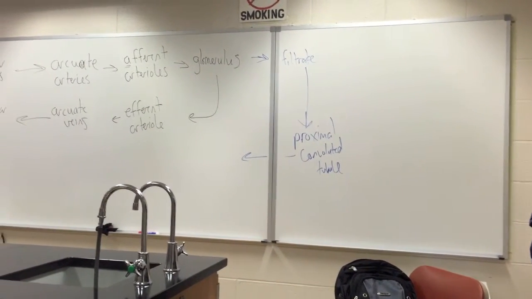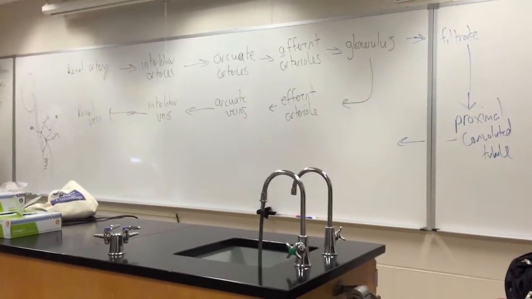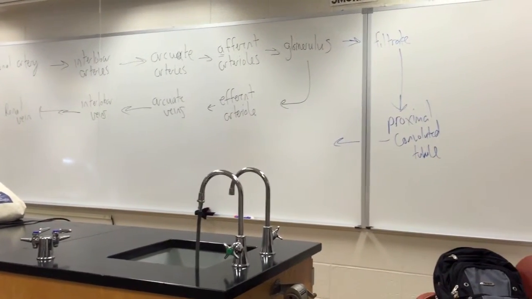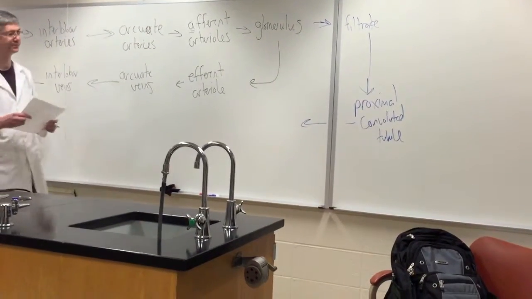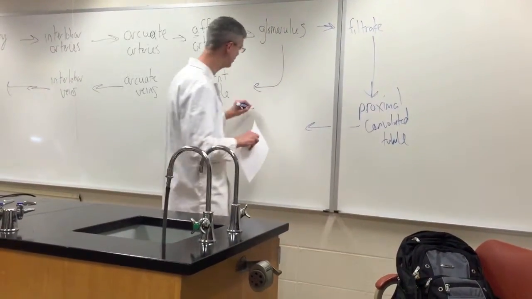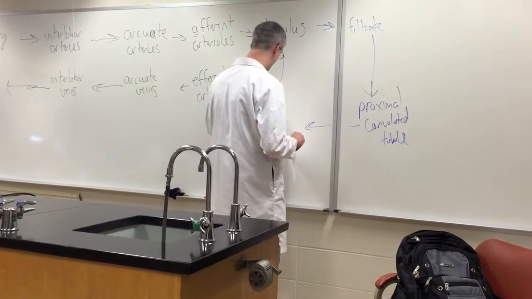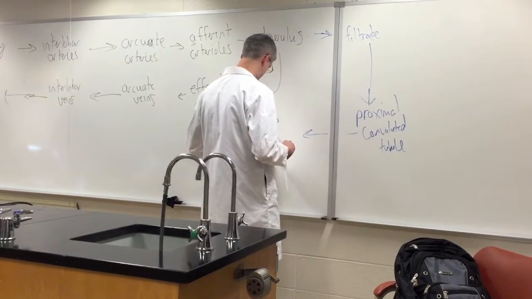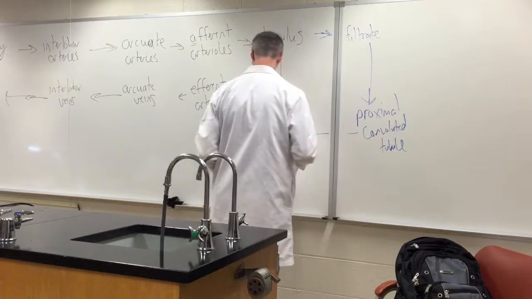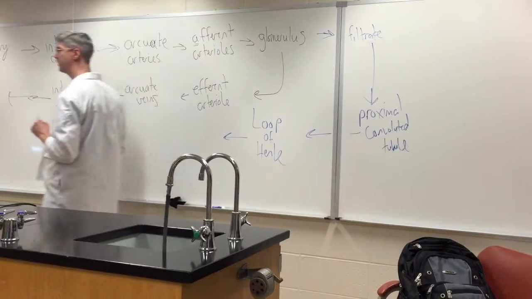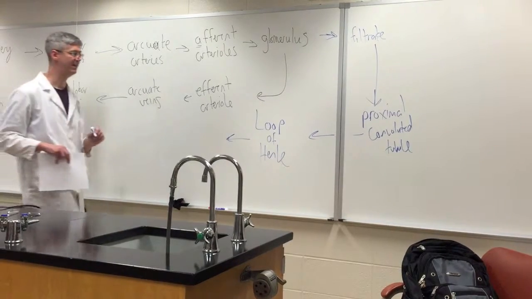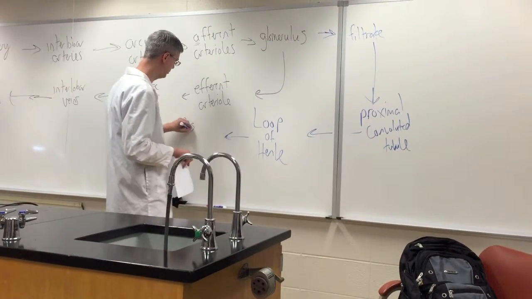It's called proximal, means nearer to, so the proximal convoluted tubule is the one that's closer to the Bowman's capsule and the nephron and the glomerulus. The proximal convoluted tubule goes to the loop of Henle. The material flows through the loop of Henle and then goes into the distal convoluted tubule.